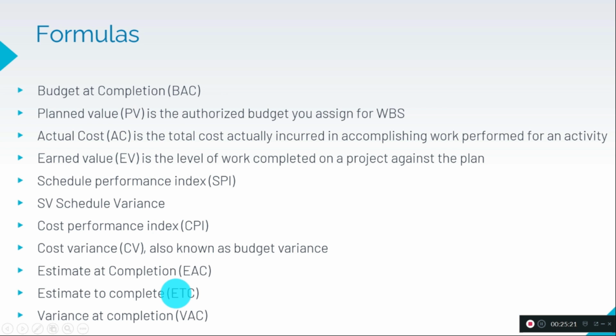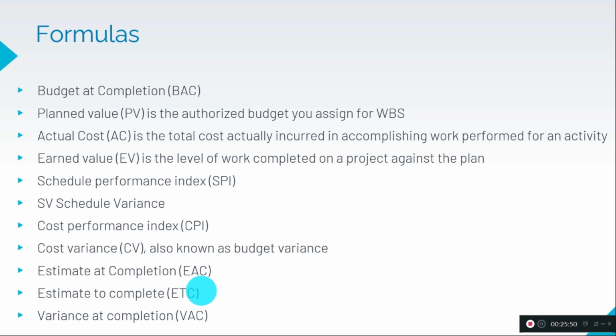And the estimate to complete, so from a particular point of the project, what is the estimation to complete the project actually. For example, 10k versus 11k, so at the end of the sixth week, 6 means 60 percentage, 60k, 40k. Instead of 40k we need 60k, 50k to complete the project actually.